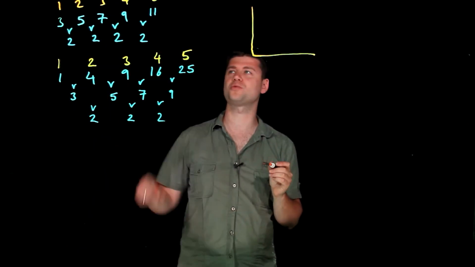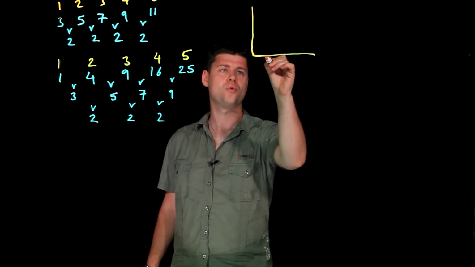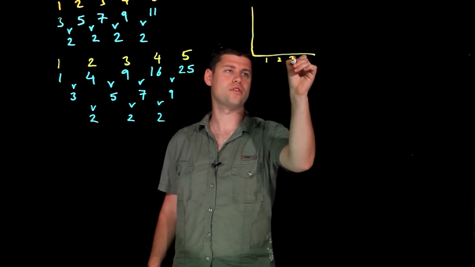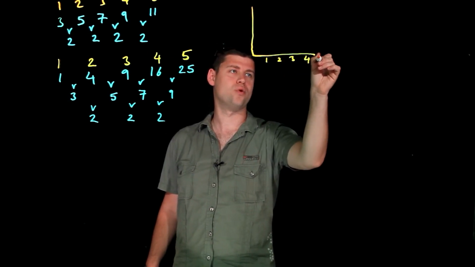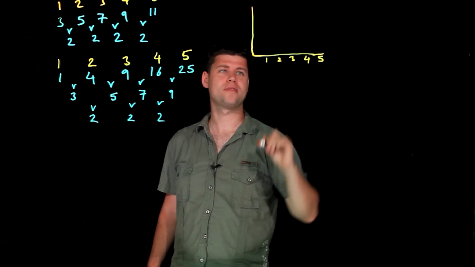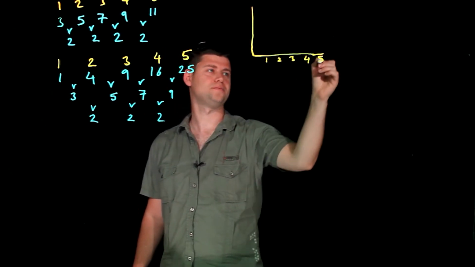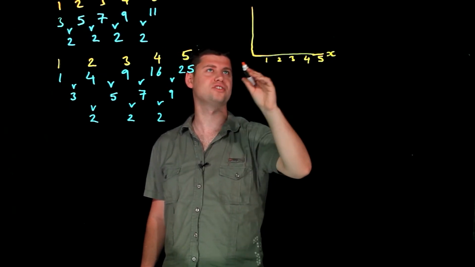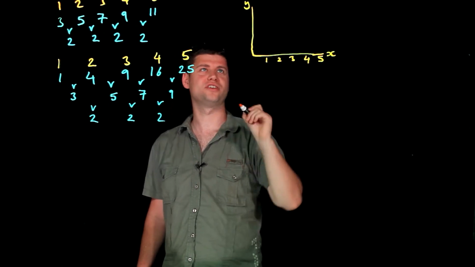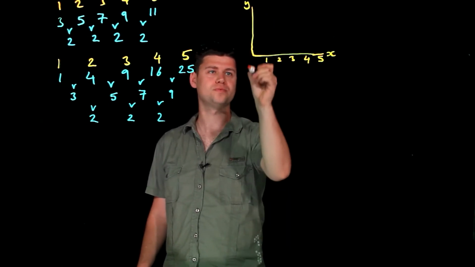So if we look at this first one and I plot that, if we have 1, 2, 3, 4 and 5, then I can plot the points on the y-axis. Remember, this is our x-axis across, our y-axis is vertical.